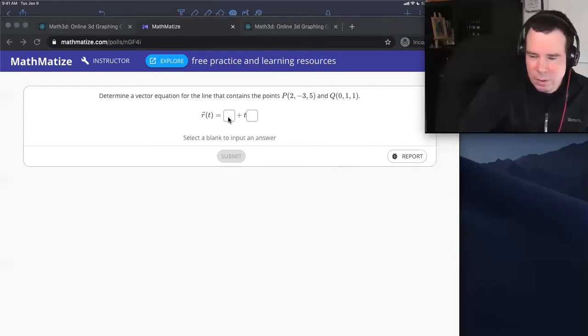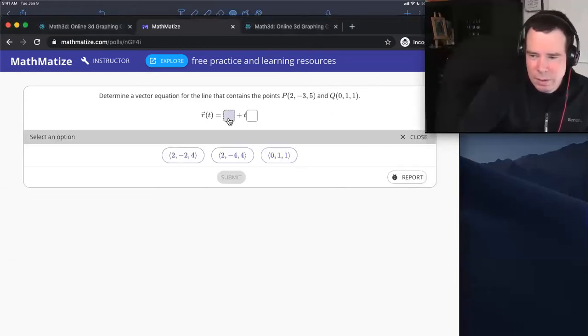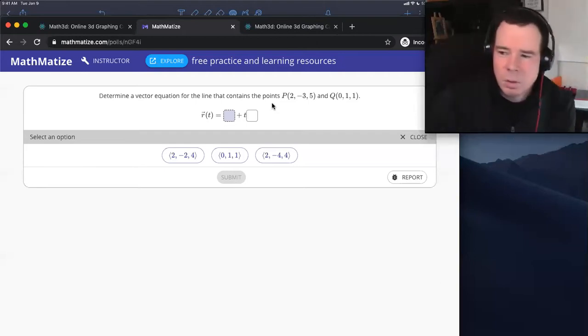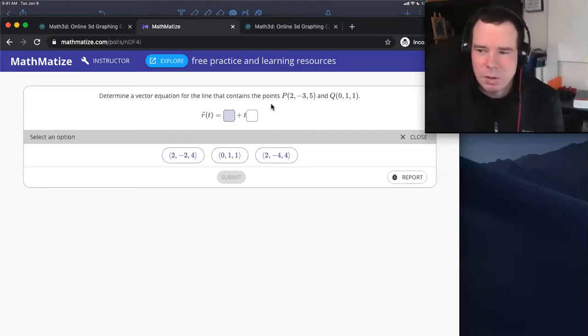So you can click on either of the blanks and you'll get 3 choices to fill in that blank. And the choices differ based on the blank you click on. So you click on the first blank, make a selection for what you think the vector should fill that first blank, and so on for the second blank. What's the vector that should fill in that second blank?